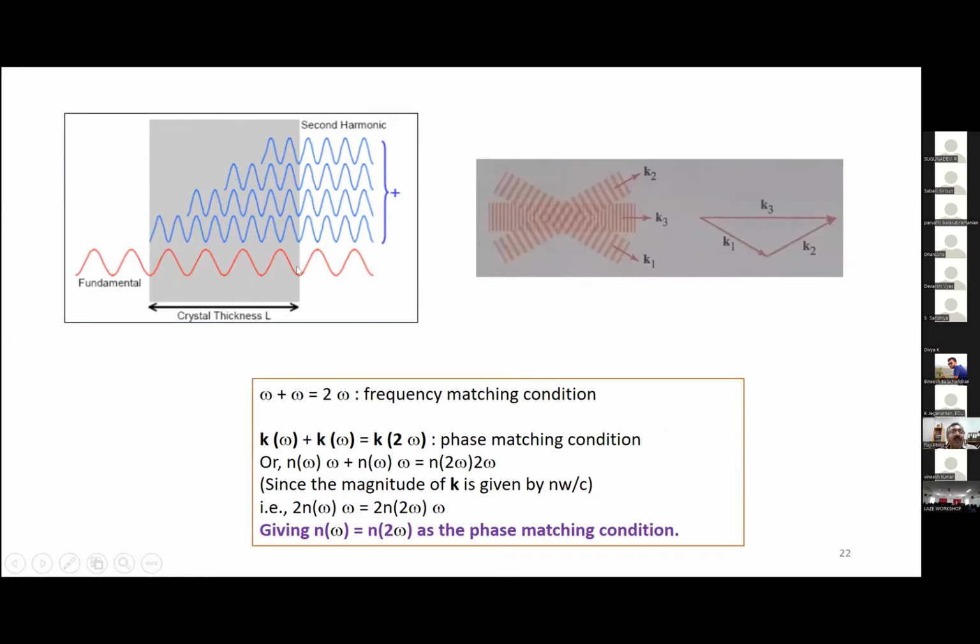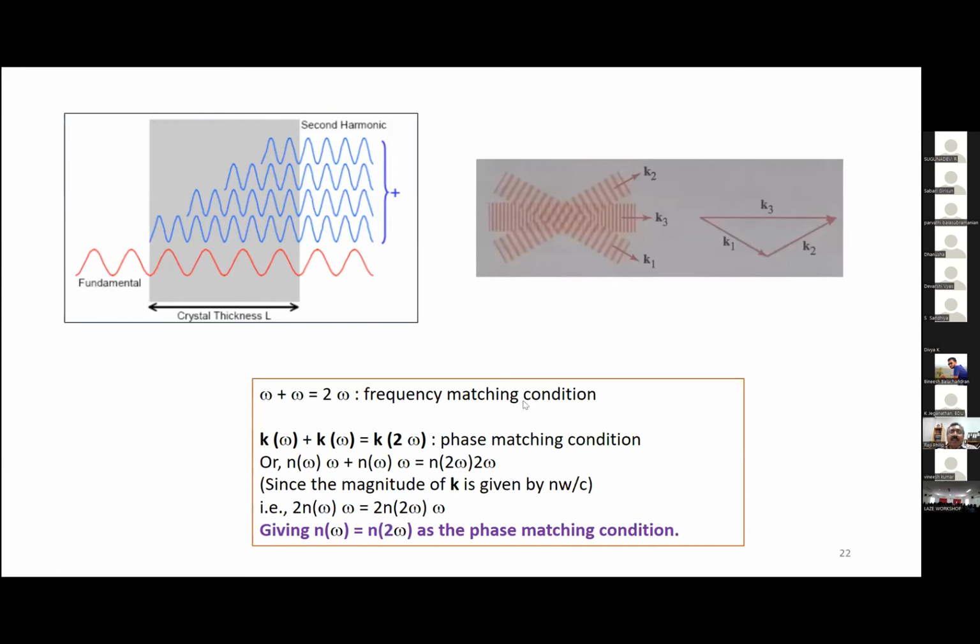Unless the speeds are equal, these different second harmonic beams will not interfere constructively. They will just get added up, and they can die out actually. In an extreme case, you won't get anything out of it. If you get something out of it, then that won't be very efficient. So this is the reason why we have to phase match. We have to ensure that the speeds are the same. So this is what we do.